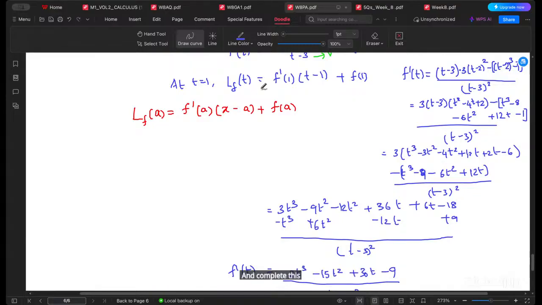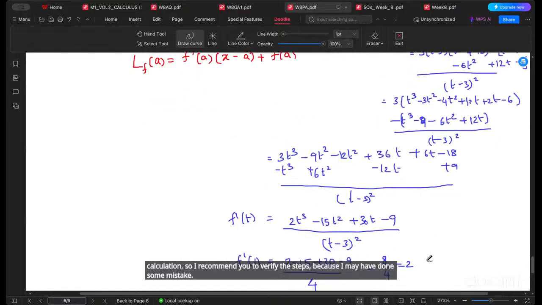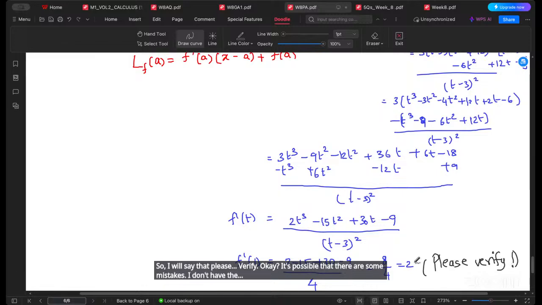That's all. This is a lot of calculation, so I recommend you verify the steps because I may have made some mistake. It's possible that there are some mistakes. I don't have the correct solution for this, so please verify.